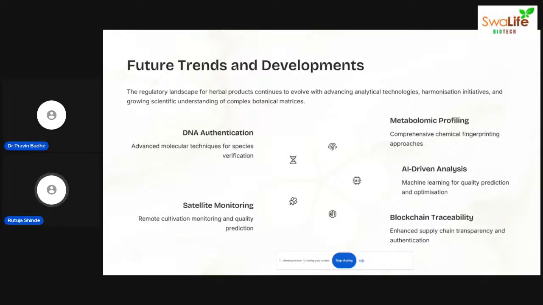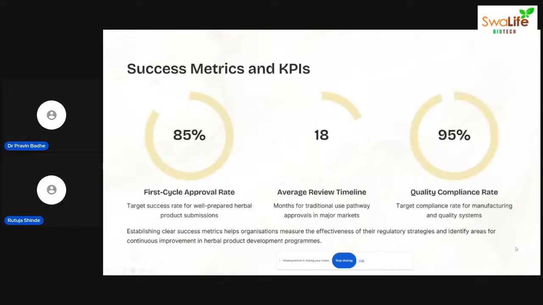Metabolomic profiling: comprehensive chemical fingerprinting approaches. AI-driven analysis: machine learning for quality prediction and optimization. Satellite monitoring: remote cultivation monitoring and quality prediction. And blockchain traceability enhances supply chain transparency and authentication.